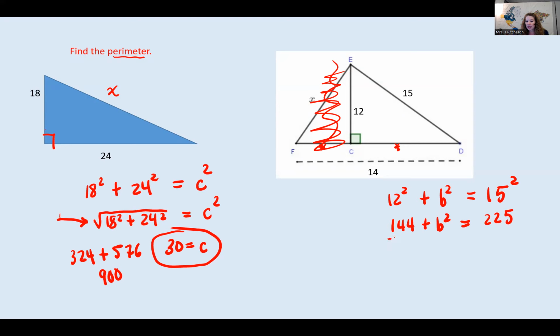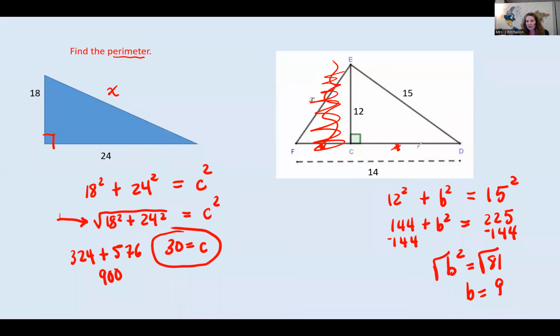Alrighty, so now we're going to subtract 144 from both sides. So B squared is equal to 81, which means B, we find the square root, B is actually 9. All right, so if this part is 9, oops, I'm using two different pens here.